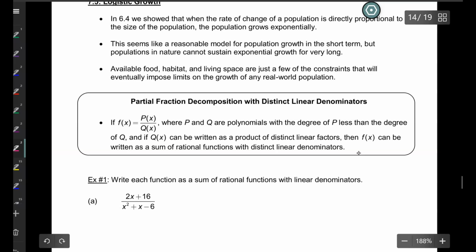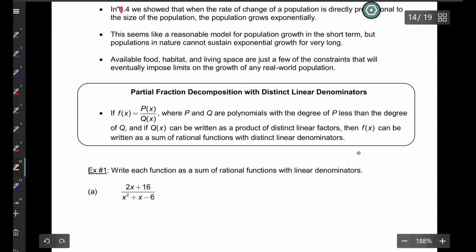Okay, so let's start. I realize this should be 7.4, not a big deal. We talked about food, habitat, living space. These are just a few constraints that are one of the reasons we have this logistic growth. So partial fraction decomposition, where we have a quotient, right?